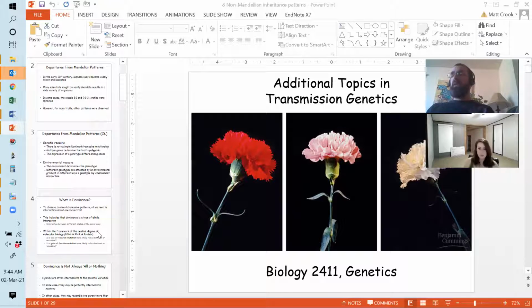So if you're producing an enzyme for, I don't know, the TCA cycle, let's say, one gene should be able to produce enough enzyme for you to not notice any difference in terms of function, right? Because that's what we care about. Is this thing working or not? If it works, it's normal. If it doesn't work, then something's up, right?